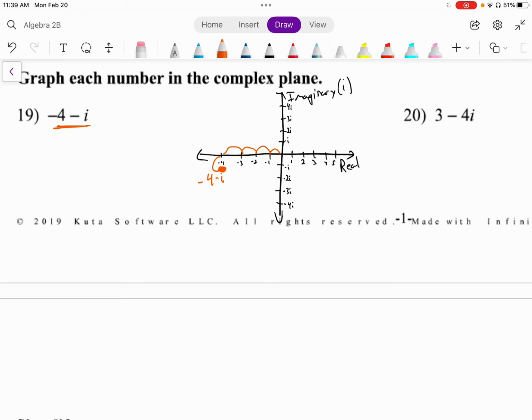I'll just use the same plane for the next one. We'll use this color blue. This one tells us we go to the right 3 and then down 4. So 3 minus 4i is right there. And that is the imaginary number.